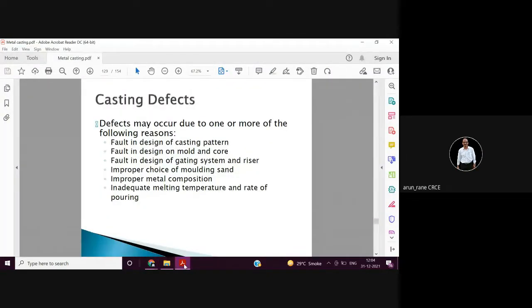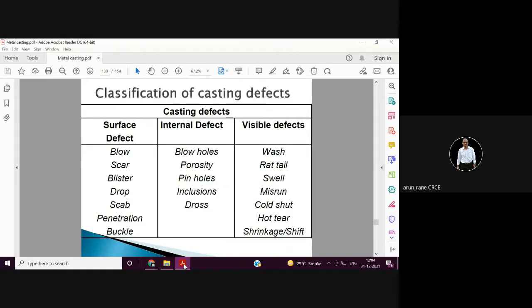These are the defects. Reasons of the defects: improper metal composition, melting temperature, rate of pouring. The defects can be classified like this: surface, internal, that is inside, and visible.